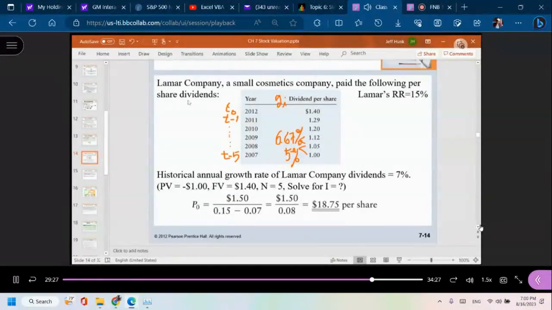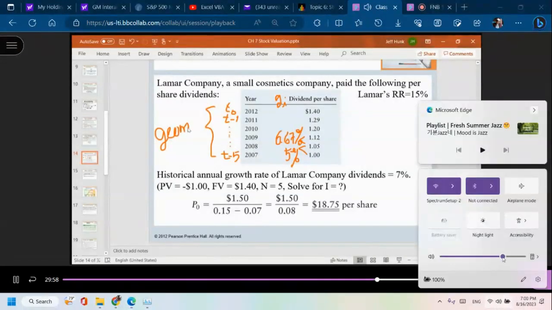When the growth rates are uneven, all we need to do is annualize it, or quarterize it, or semi-annualize it. In other words, we take the geometric average.